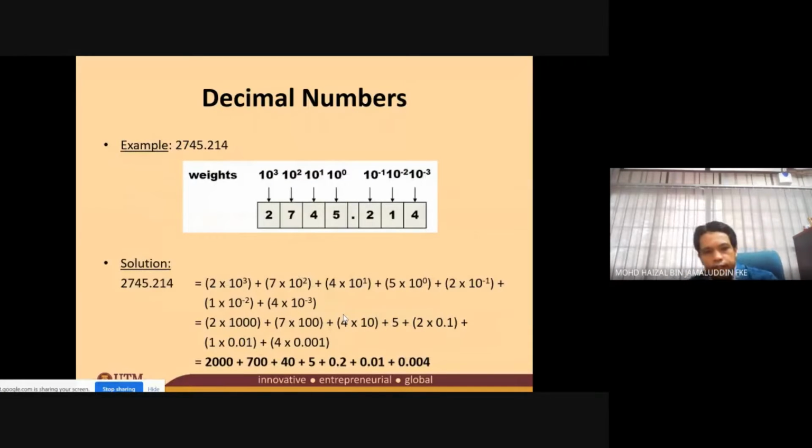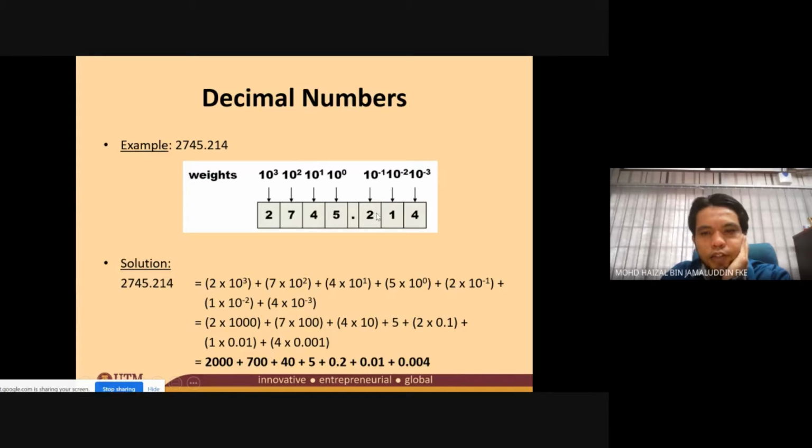So what it means here, okay? Example, you have 2,745.214. You need to multiply each digit by its weight. So for 5, the weight is 10 to the power of 0, for 4, 10 to the power of 1, and so on.